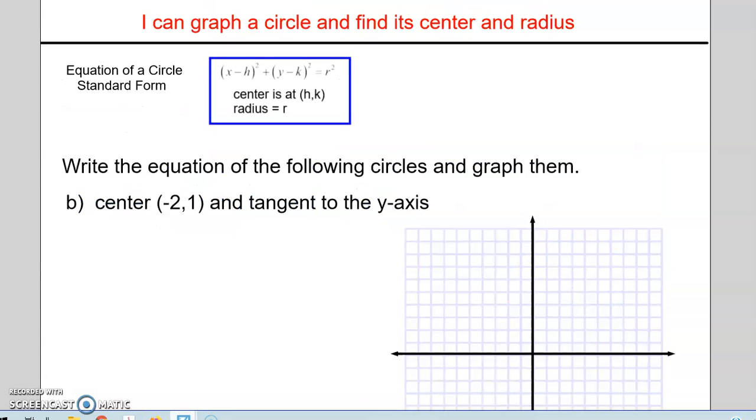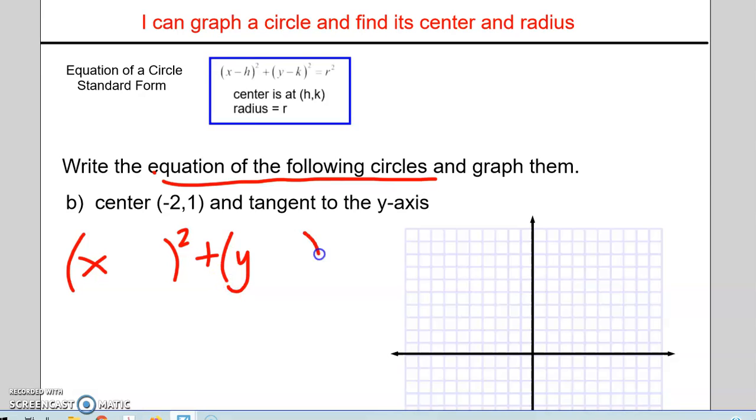Okay, so let's do one more example then. So write the equation of the following circles and graph them. Okay, so the center is at negative 2, 1, so we want x and whatever quantity that is squared plus y, and then quantity squared, and is equal to r squared.